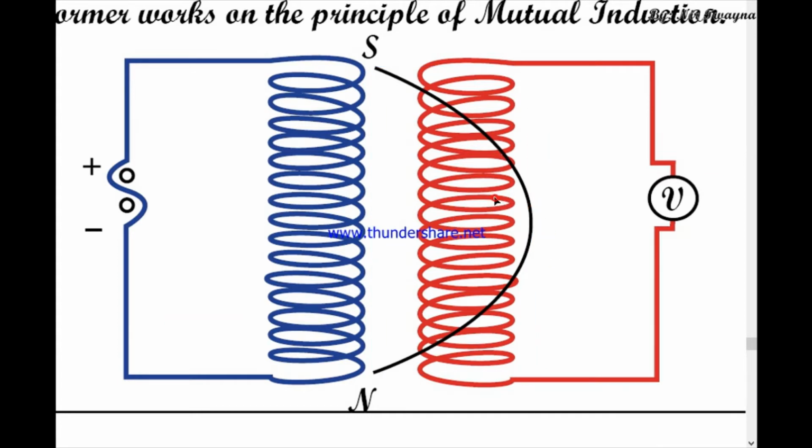Now see, the red solenoid is inside the magnetic field of the blue solenoid. Are you getting me? The blue solenoid has become what? It has become an electromagnet.